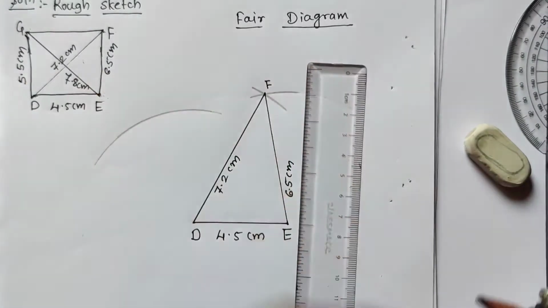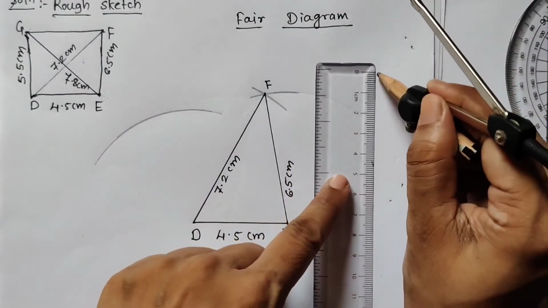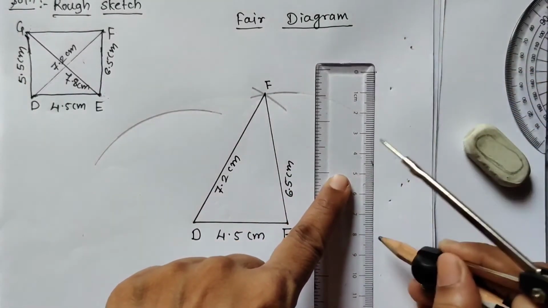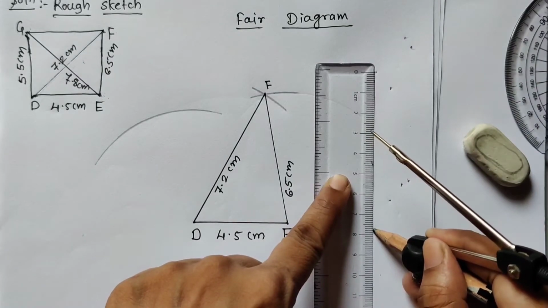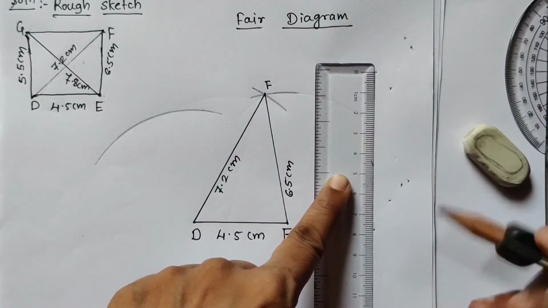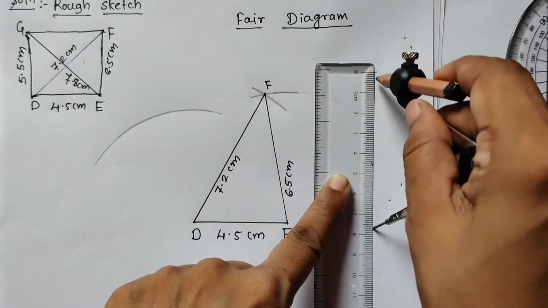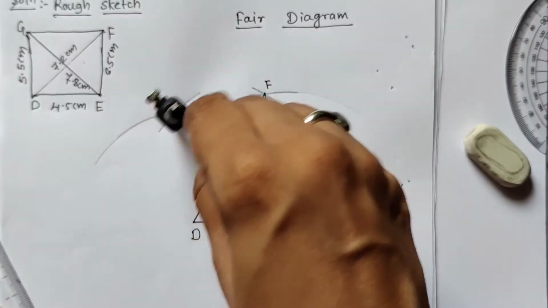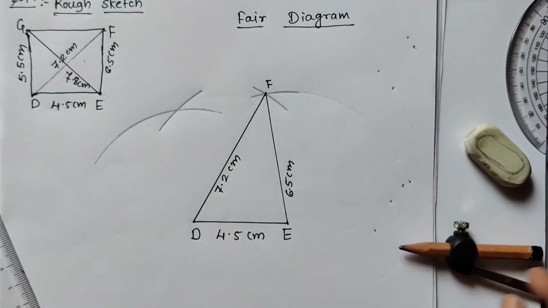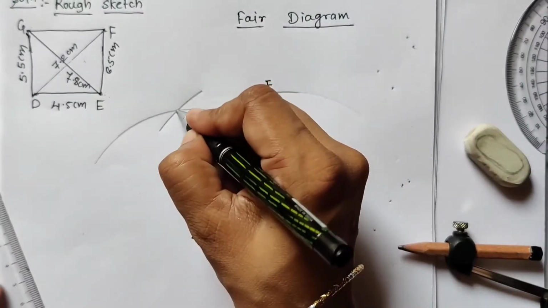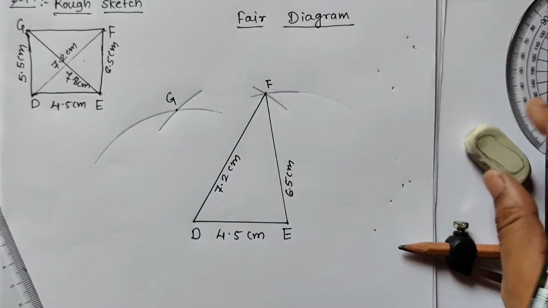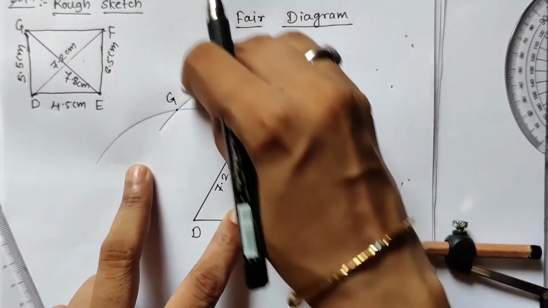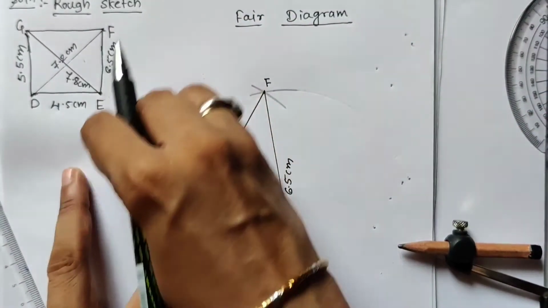So again I am going to take the distance of 7.8. 0 to 7.8. Okay, so it is 7.8, and from E it is 7.8, so I am going to draw another arc. So in this way we can fix point G here. You can rub out the extra part of the arcs.